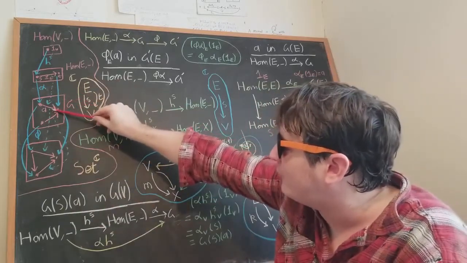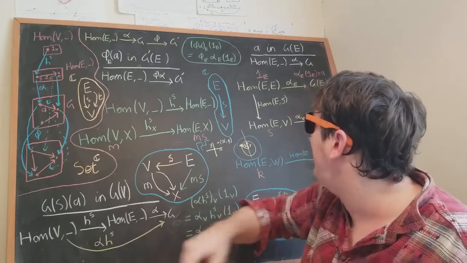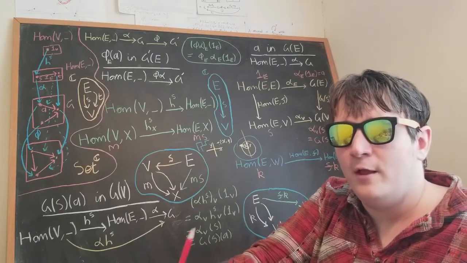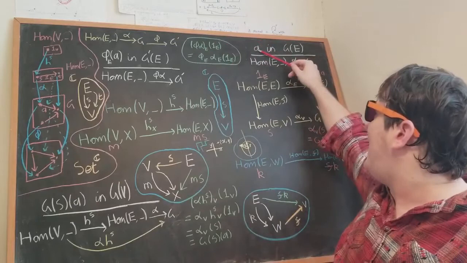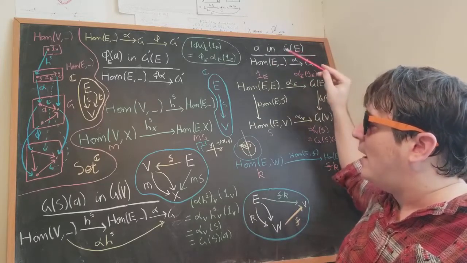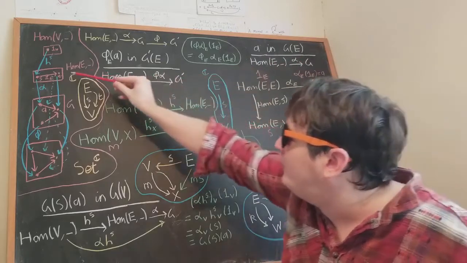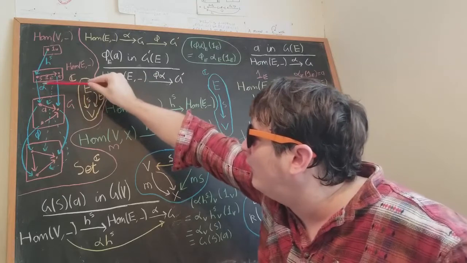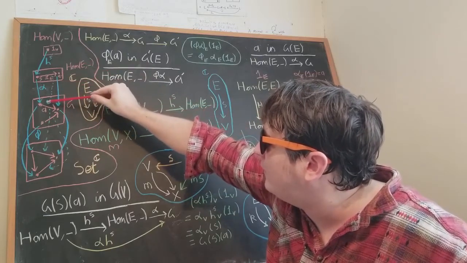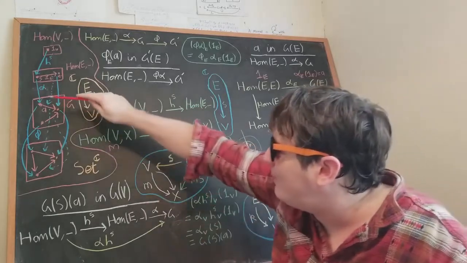And so, okay, here's an edge of this graph. Here's an edge A. Now, we can think of this simply as a member of the set G of E. Okay, so we think A is in G of E. But the fundamental correspondence that the Yoneda lemma tells us is that this A in G of E corresponds with an arrow alpha from hom E comma blank to G. Okay, so this hom E comma blank is a special functor, and as a graph it looks like this, a single edge, and this A here corresponds to this arrow of this category, which comes from hom E comma blank to this edge A. So you can think of this alpha here as a sort of arrow-based representation of this edge.